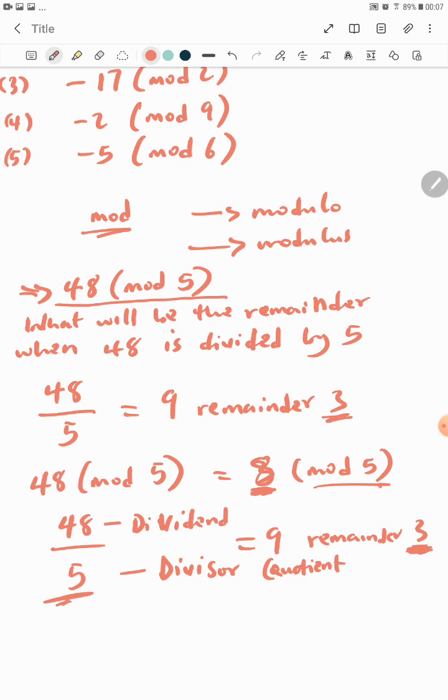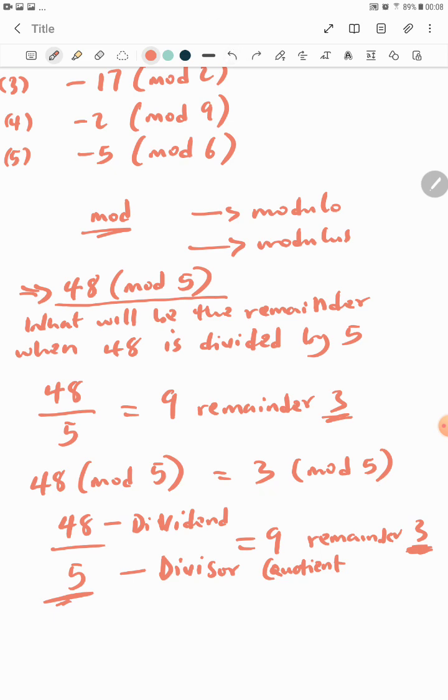We still have to divide this 8 by 5, and we get 1 remainder 3. So that remainder 3 will be our answer. What I'm explaining is that your answer must always be less than the modulus you are working in.